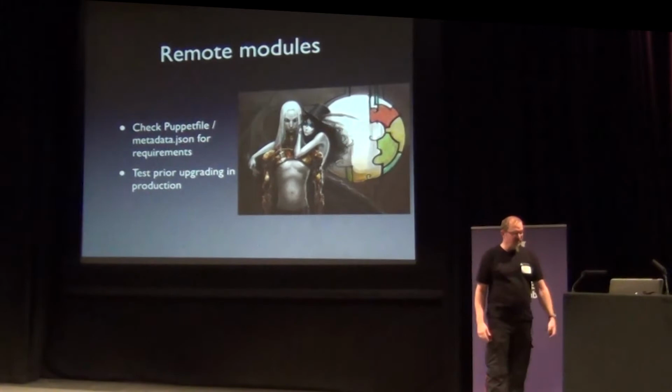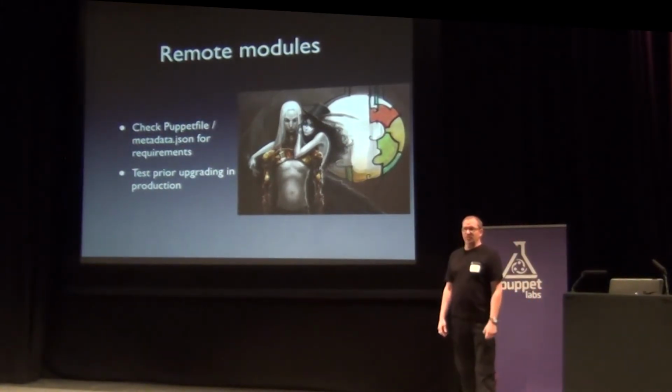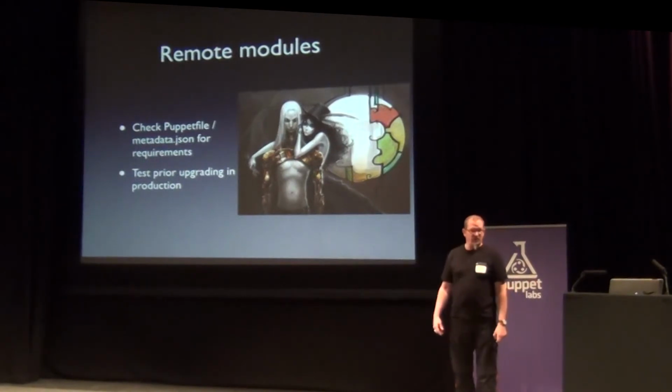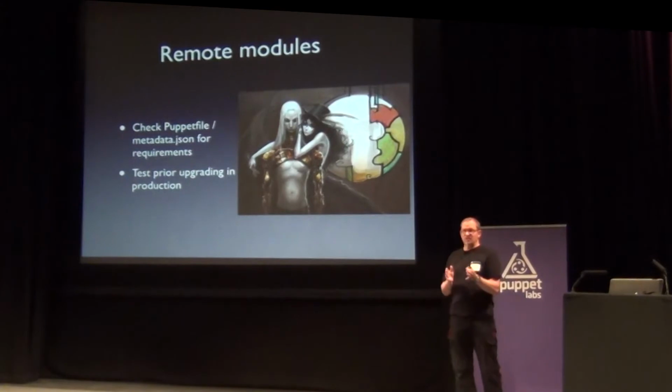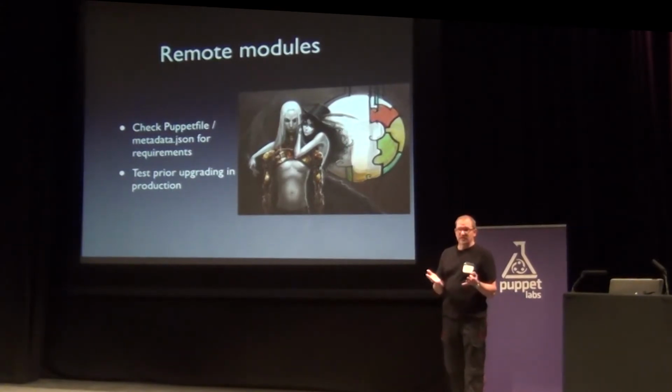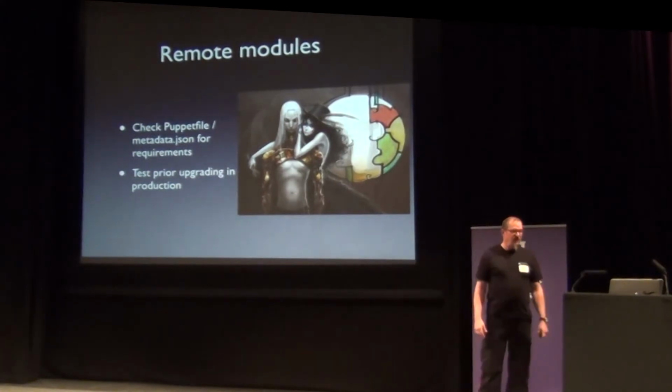And check the Puppetfile and metadata.json file within the Puppet modules, whether they are supported by your Puppet version. So if you have an older version of the remote module and you're upgrading Puppet, also check your existing modules. Are they still functional with your new Puppet version?